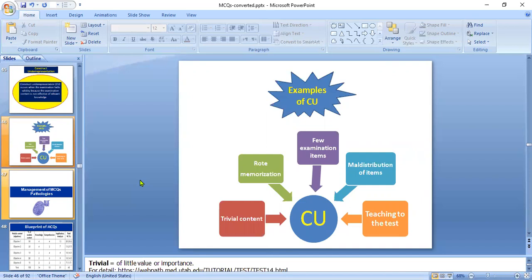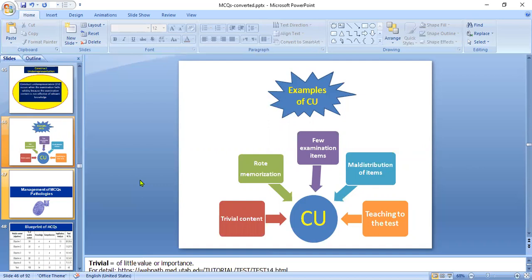The next one is the few examination items. If you are going to check the assessment, there should be a proper number of questions. If you add 10 questions or 20 questions, I think that will not cover all the themes of the content which they have studied. So it means the higher the number of questions, the higher the chances of covering more and more themes.